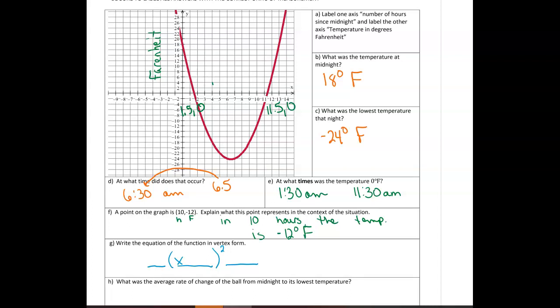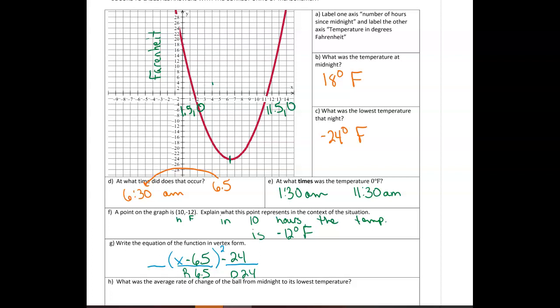So how did my vertex get to here? Well, we know already that I went right 6.5, and then I went down 24. So right 6.5 will be minus 6.5, down 24 would be minus 24. But now I just want to see if I go over 1, can I figure out that nice number?